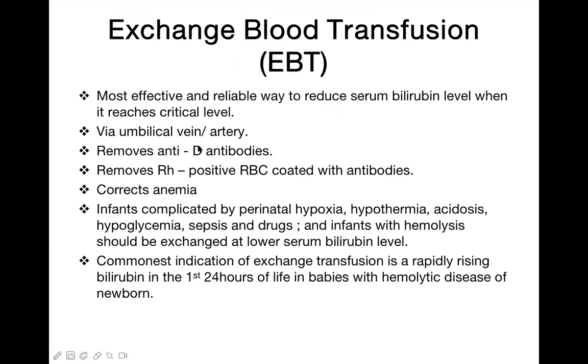The common term is anti-D antibody actually. It removes not only those antibodies but also the RBC which are coated with antibody. So this is a very effective therapy. It really helps the baby. It corrects anemia as well because you are giving new RBC from outside.